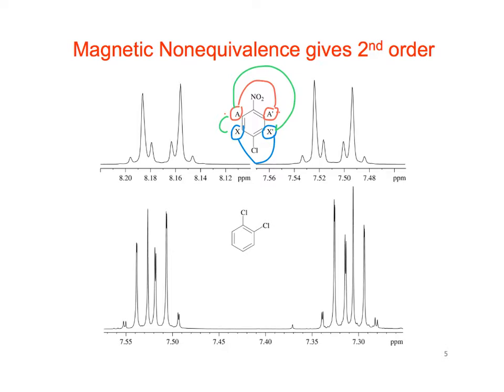So if we didn't take this into account, what would we expect the A signals and the X signals to look like? Two doublets? Yeah, the simplest, the classic para-substituted benzene ring is a pair of doublets. Okay, and this is what we would see if it's a much lower field magnet.